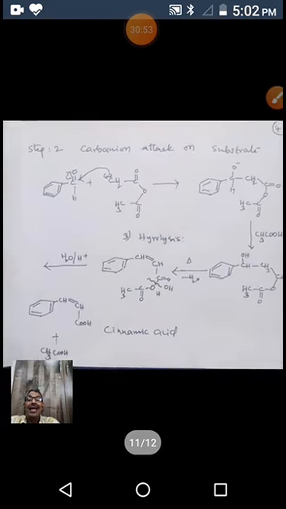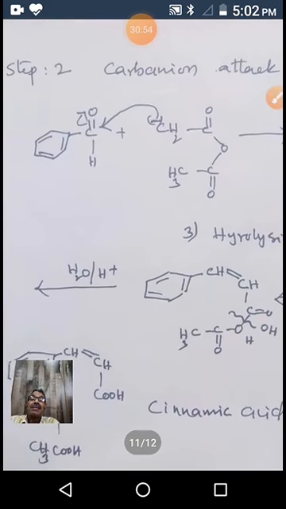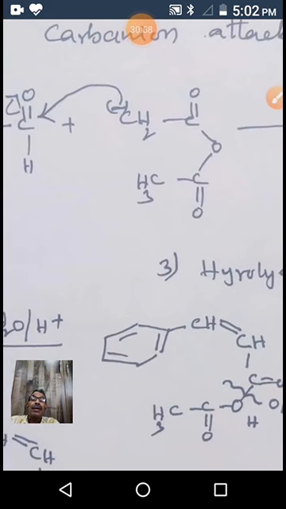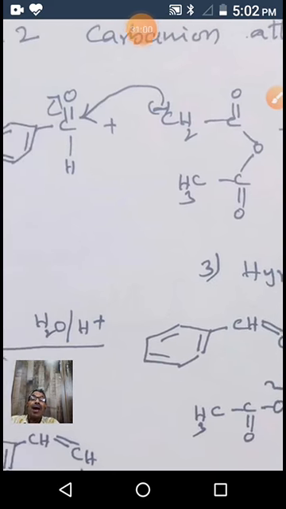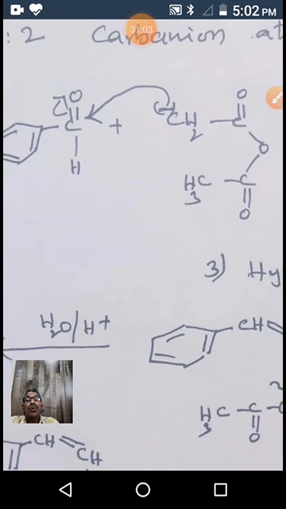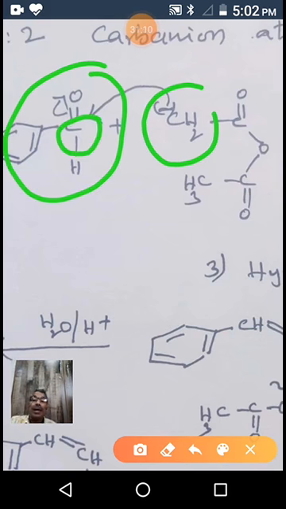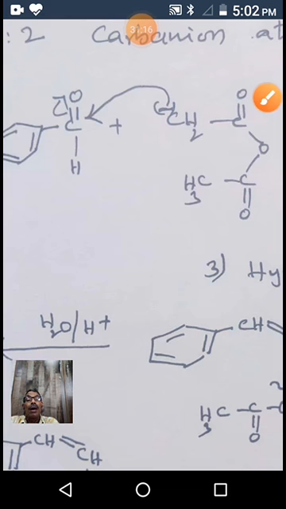Going to the second step. In the second step, this carbanion, the acetic anhydride carbanion, requires an electrophilic center. It's a nucleophile, we know that. In another molecule of benzaldehyde, this carbon acts as the electrophilic center. The nucleophile attacks this carbon.